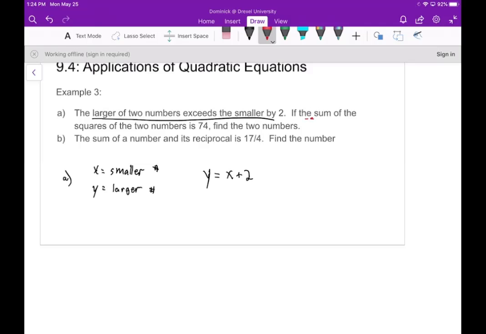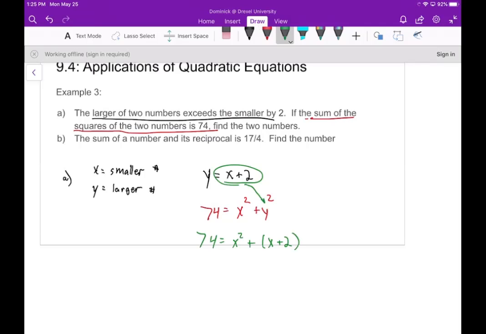The next sentence tells me that if I look at the sum of the squares, I get 74. So that tells me that 74 is equal to x squared plus y squared. Well, now I can take y, which is x plus 2, and plug that in for y. So now I have 74 equals x squared plus x plus 2 squared.